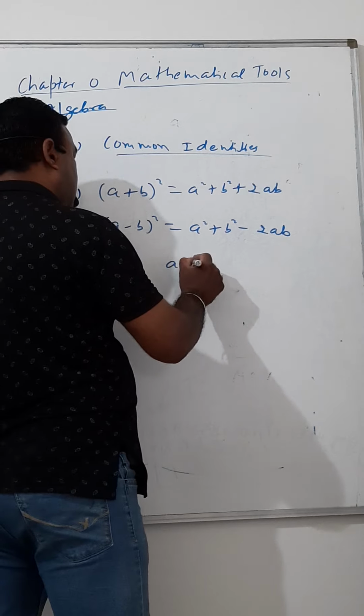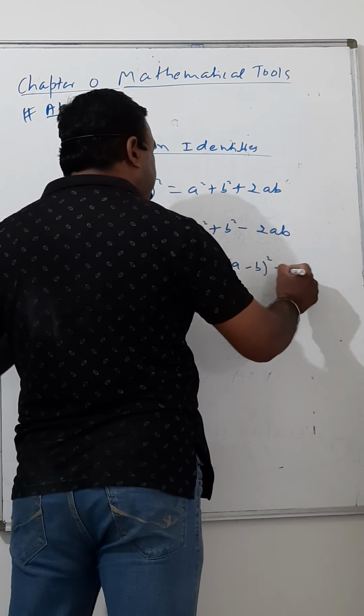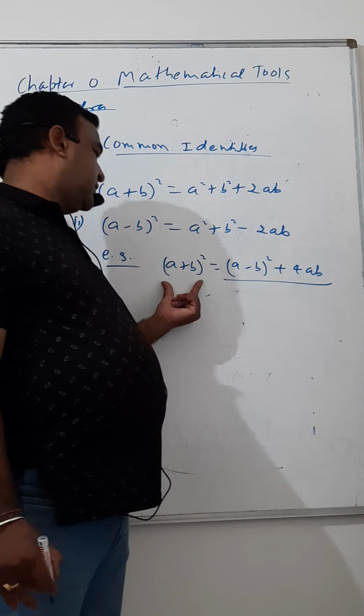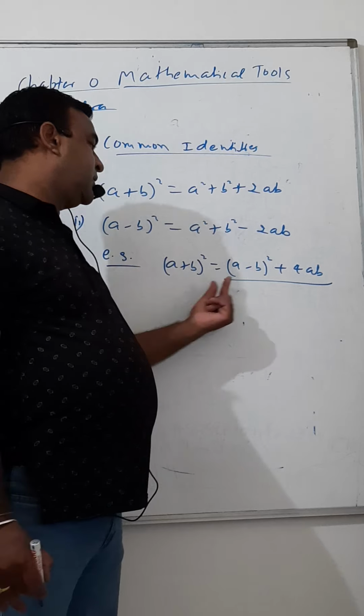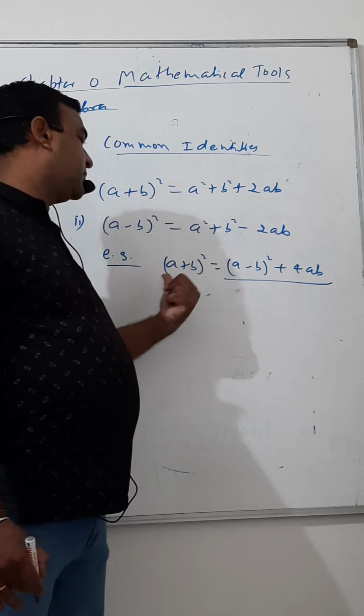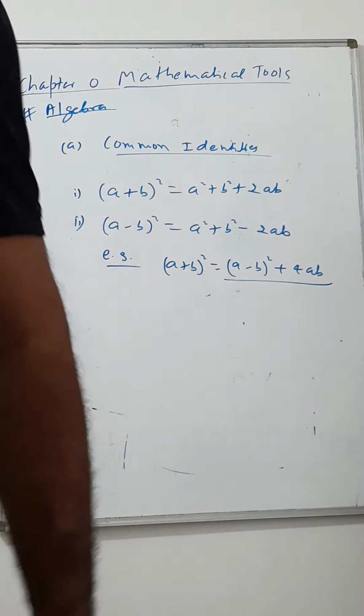Say (a plus b) whole square is equal to (a minus b) whole square plus 4ab. Look at this. This is a square plus b square plus 2ab. This is a square plus b square minus 2ab. If you add plus 4ab, it becomes the same. Right?